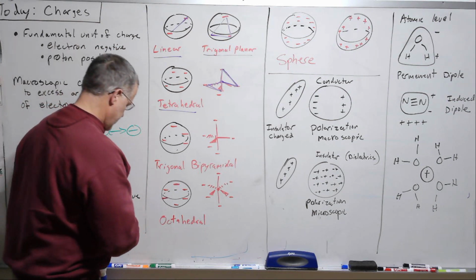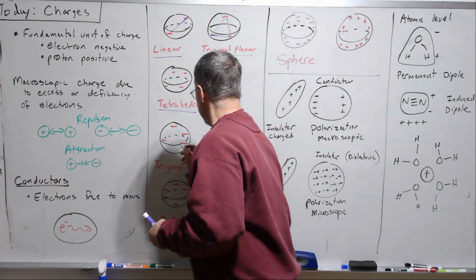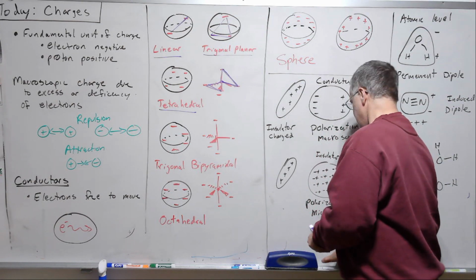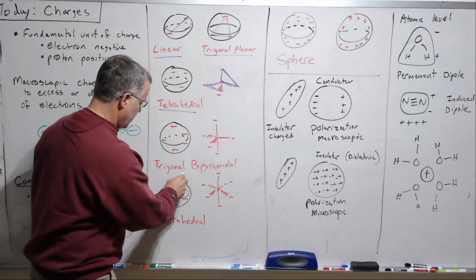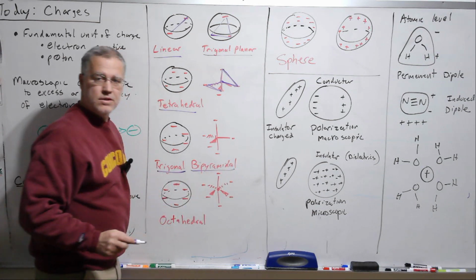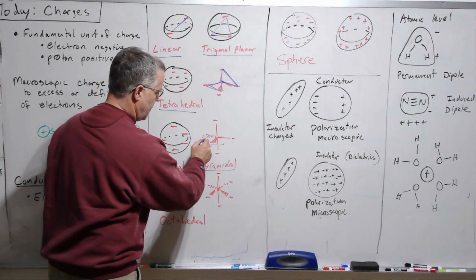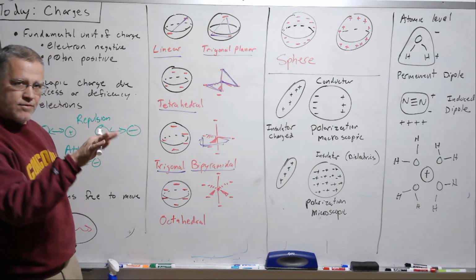All right, let's add a fifth one. And what will this adopt? Well, it will adopt something called a trigonal bipyramidal configuration. So three will form a triangle in a plane, right? And that can be oriented any way we want.